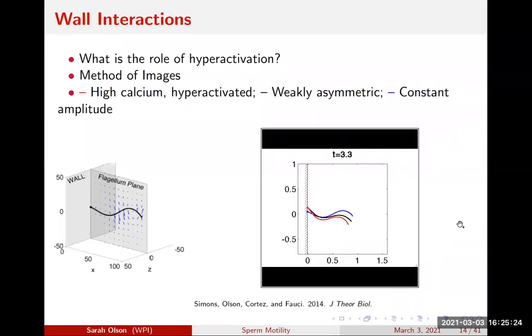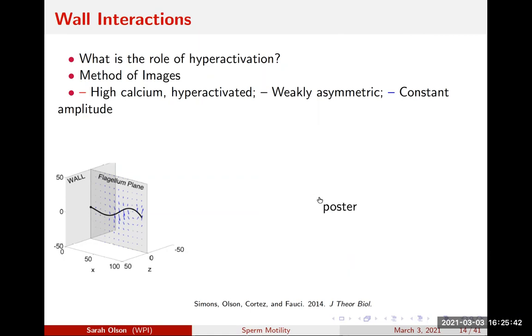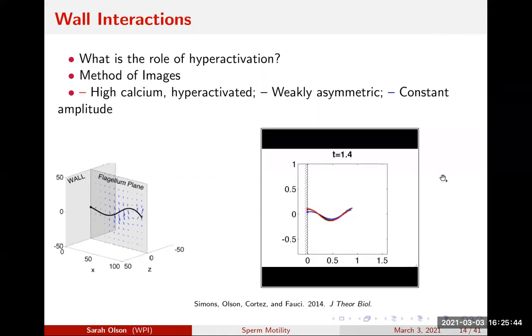Biologically, it's known that in order for a sperm to reach and fertilize the egg, it has to reach this hyperactivated motility pattern. There was a lot of question about what its role is. How are these particular sperm able to reach and fertilize the egg, whereas others that don't achieve hyperactivated motility cannot?